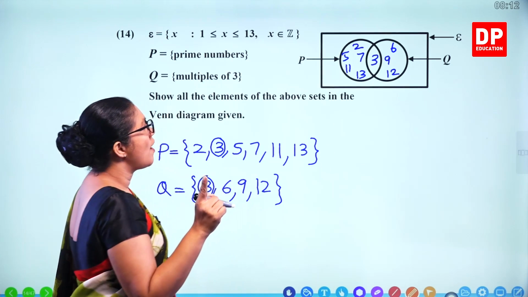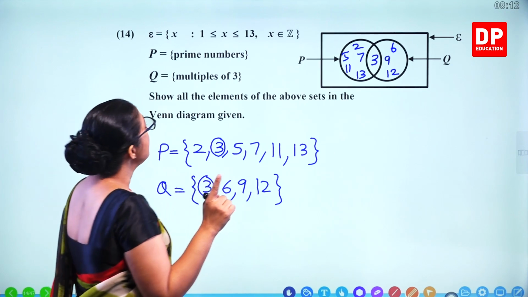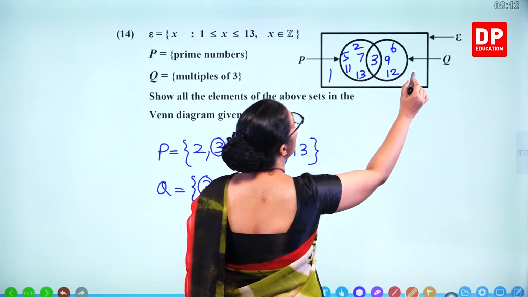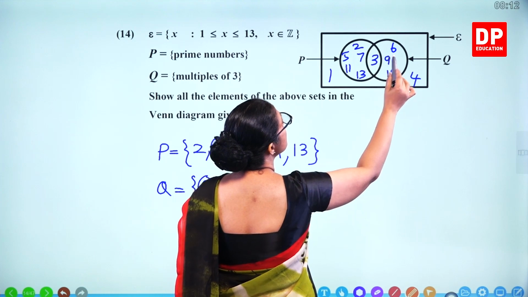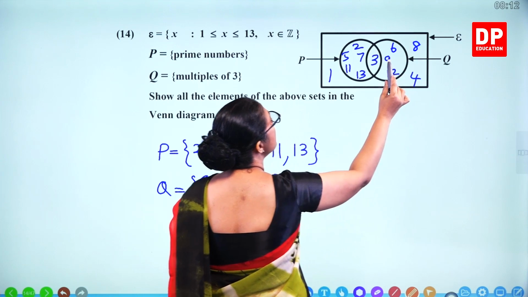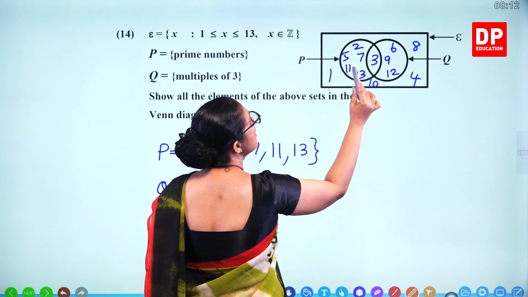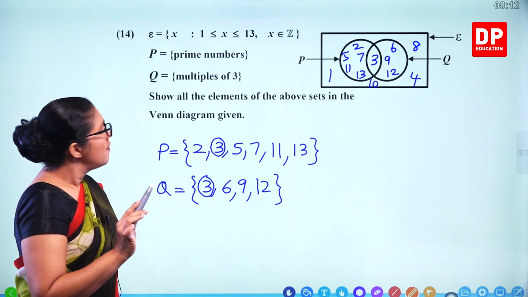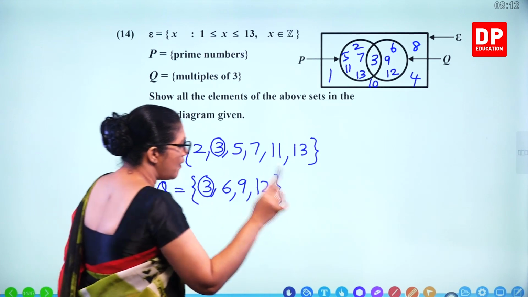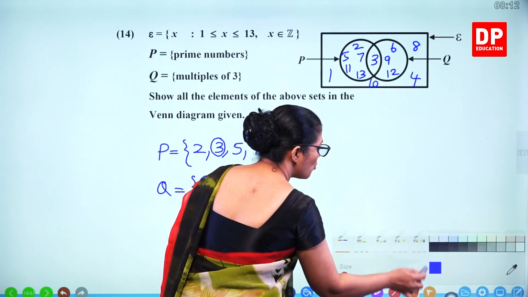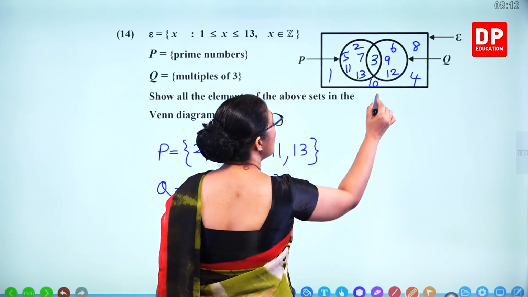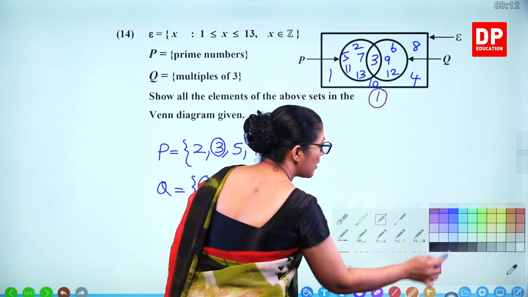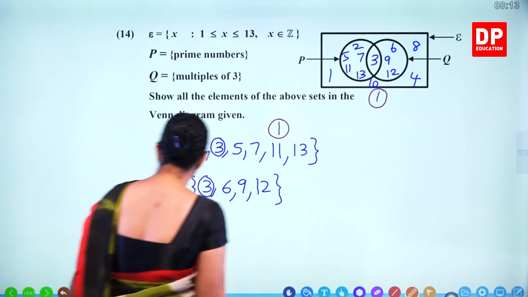Now the other numbers you have to fill outside. 1 is there because 1 is included. 4, 8, 10. So that's the Venn diagram. All the values 1 to 13 are there. So you get 2 marks for that. 1 mark here and 1 mark for showing the elements in P and Q.